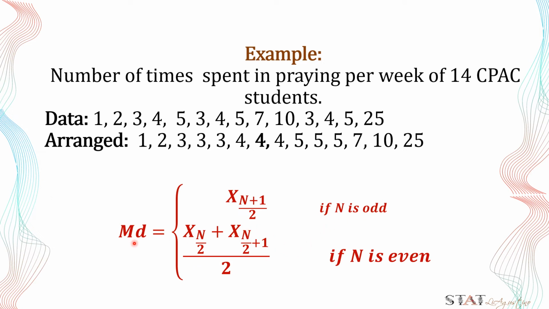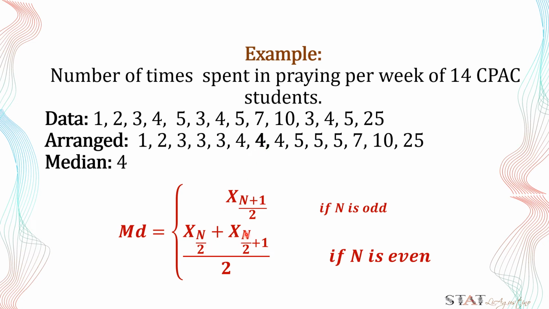To review the previous: if n is odd, you take the center, the middle value, and that would be your median. Here we have 14, which is even. Following the formula, 14 divided by 2 is 7, so the seventh value: 1, 2, 3, 4, 5, 6, 7, which is 4.